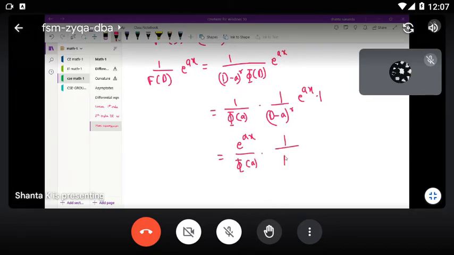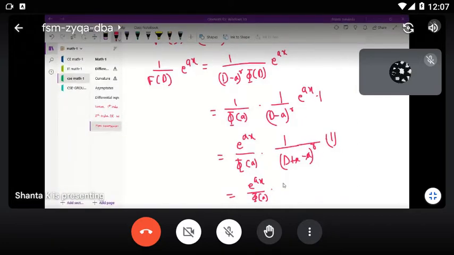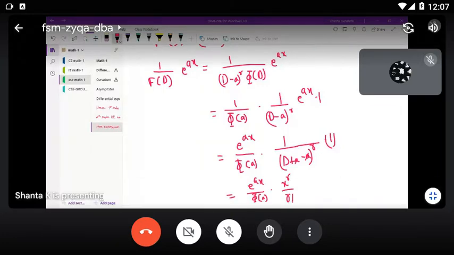And this is for r, so we have to integrate this one r times. If you integrate 1 once, it will be x, and integrating r times, you get x power r by r factorial. So this is how you will do. Is it clear? So we will do one problem.